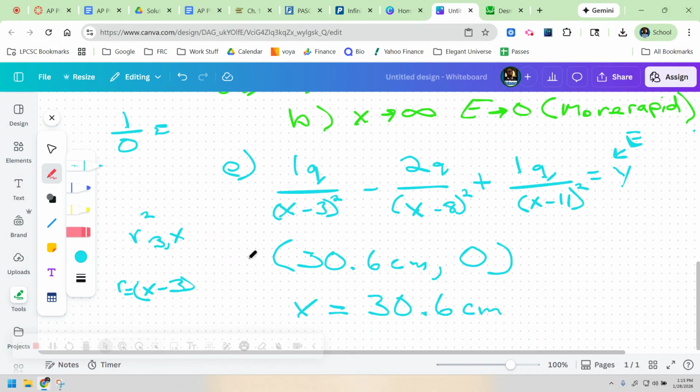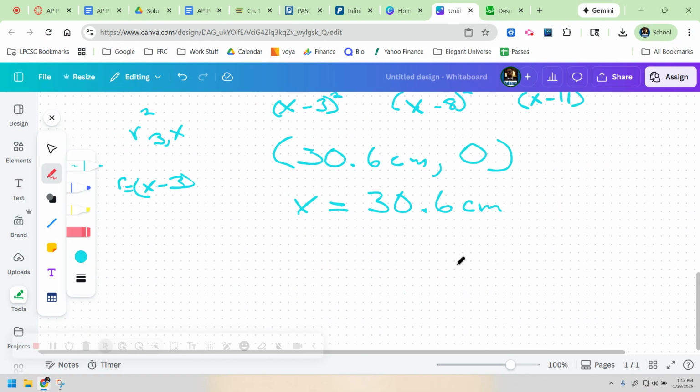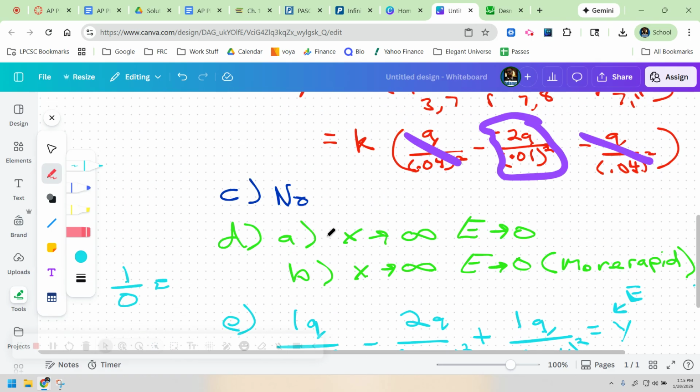Okay, and it would be this. So technically, I would go in there and change that around to meters, but it doesn't matter because this will be 3.06 meters or 30.6. So it doesn't matter if we convert those or not. We just have to remember to convert it back. And I think that's it for that problem. Holy moly, that's a lot. Okay.